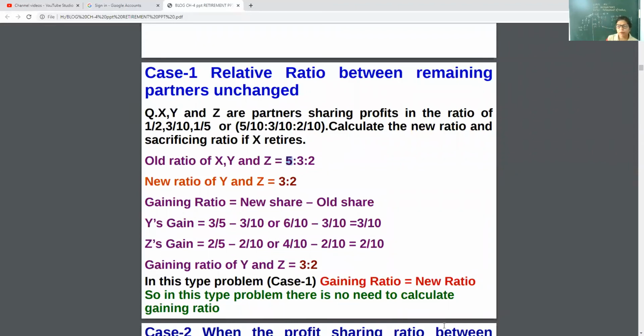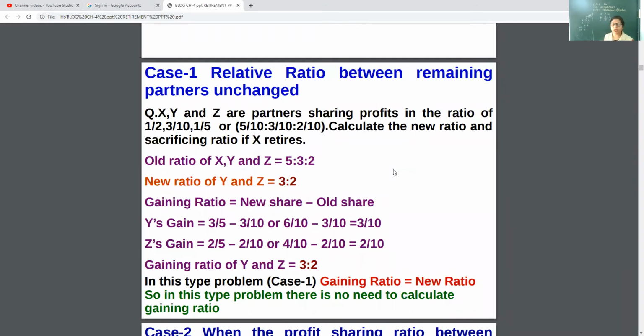Now I am going to explain the same question in a very easy way. X, Y, Z, and the ratio is 1 by 2, 3 by 10, 1 by 5.